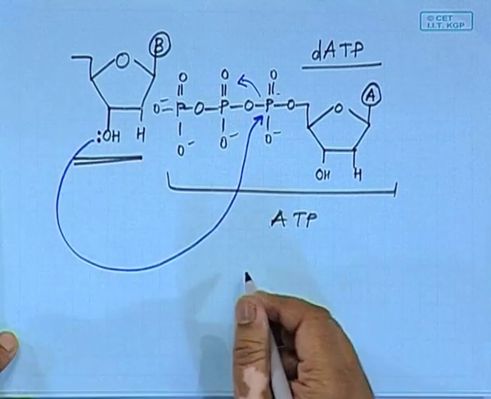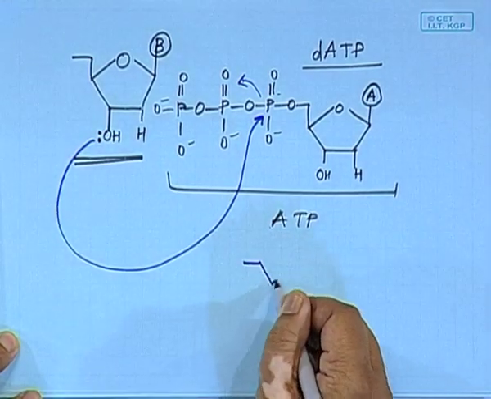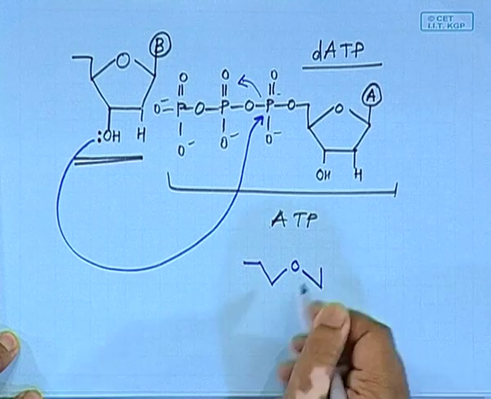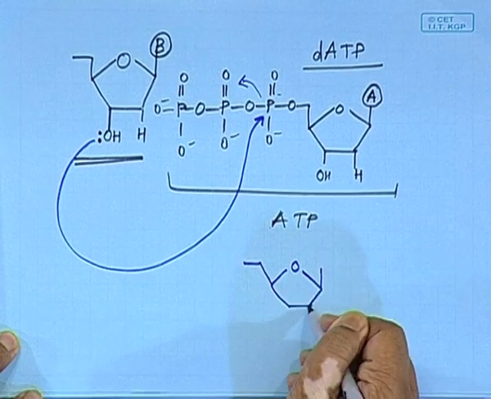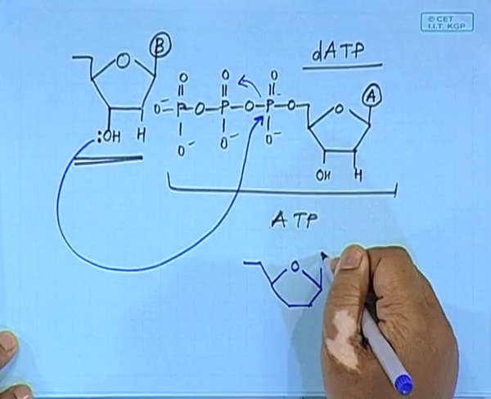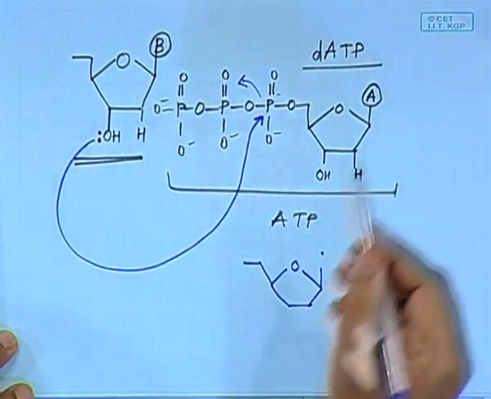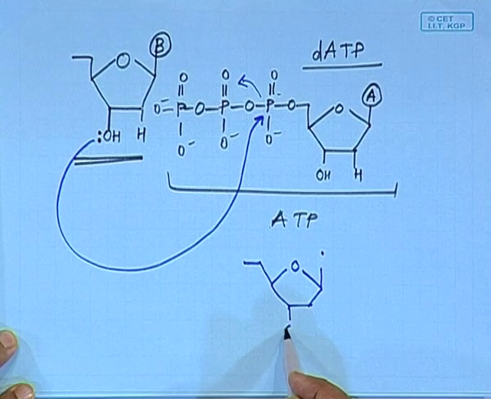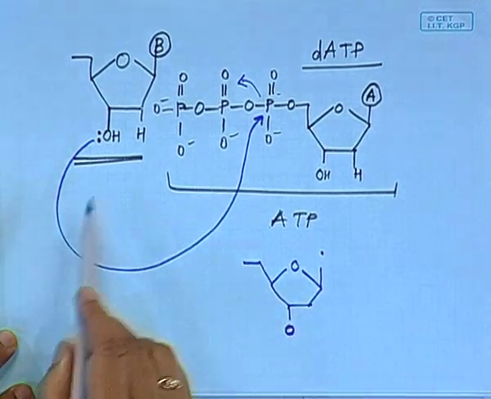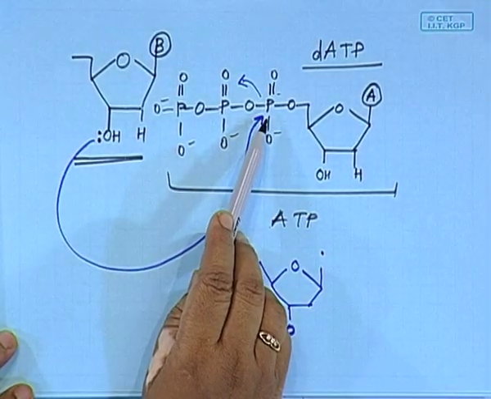What is going to happen? What am I going to have here? If we had this A here, this oxygen is now linked to this phosphate.